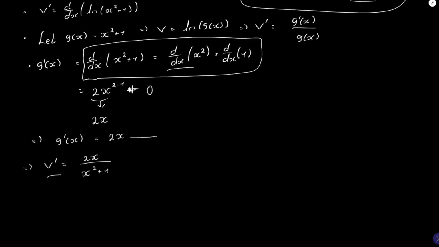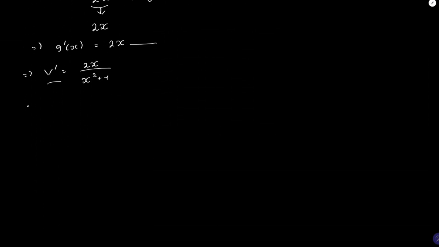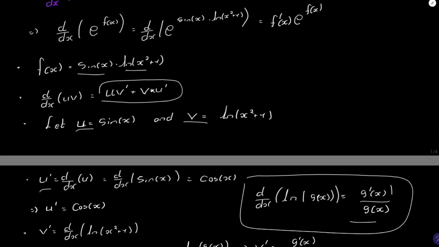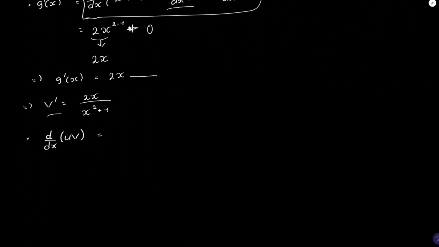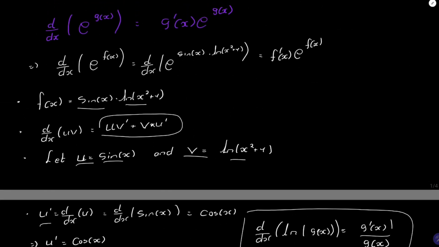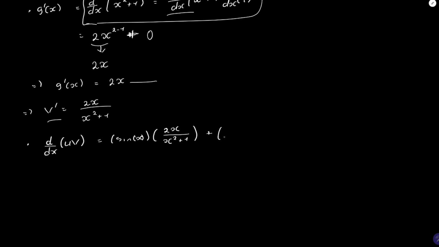This time, let's start. The derivative with respect to x of our function uv is u times v prime. What is our u? Our u is the function sine of x, times the function v prime, 2x over x squared plus 1, plus v. What is our function v? It is the ln of x squared plus 1, times our function u prime.